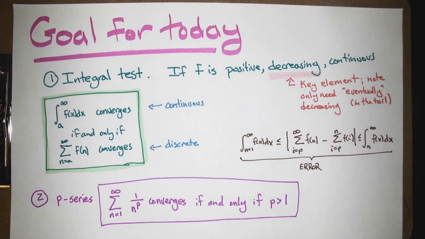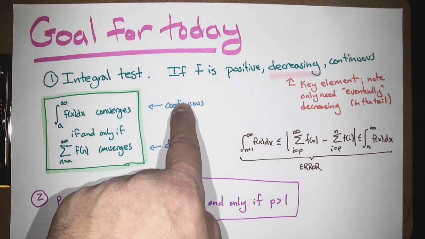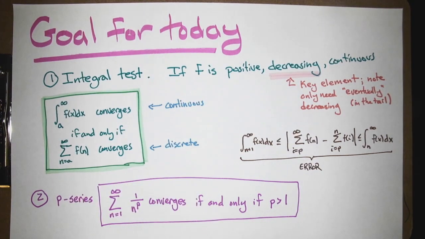Now, why is this useful? Because we learned how to do infinite integrals. We have these tools, the improper integration. So some of these infinite integrals we can do, and that can help us answer whether these infinite sums converge. It's a sort of fun interplay. You'll notice I have some notes here, continuous and discrete.